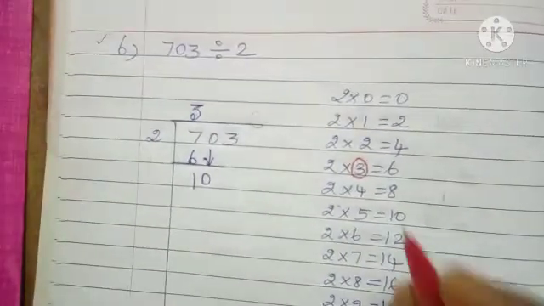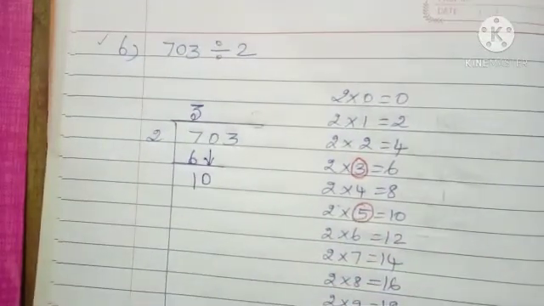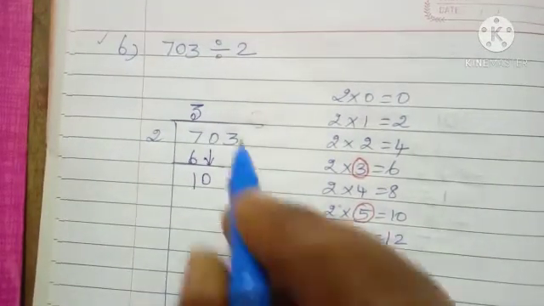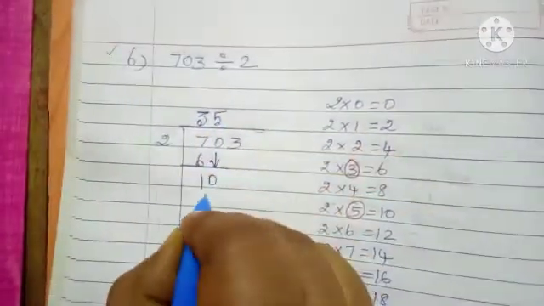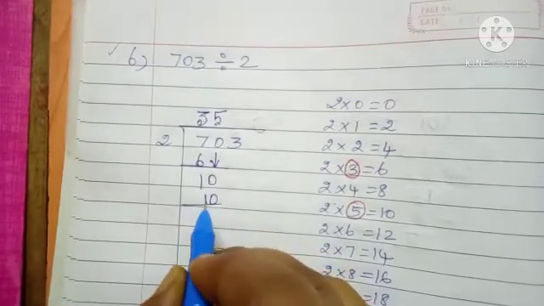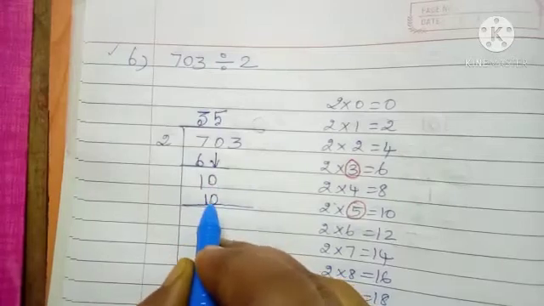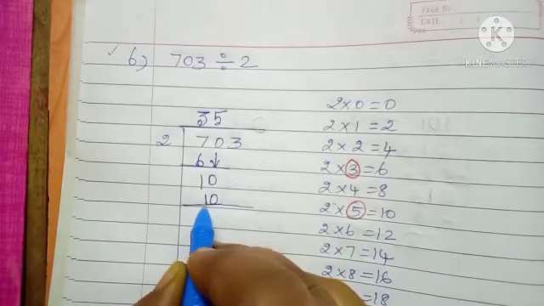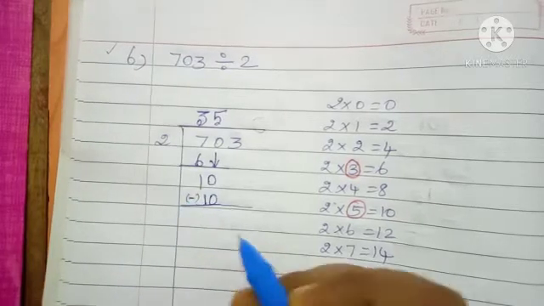How many times does 2 go into 10? 5 times. So write 5 on top. 5 2s are 10. Then 10 subtract 10 is 0. Keep the ones and tens places properly; only then will you get the subtraction right.